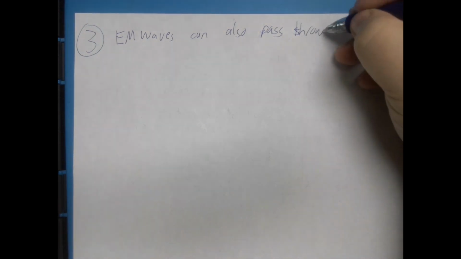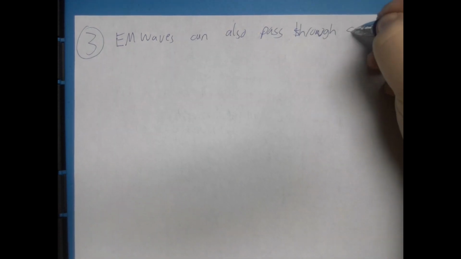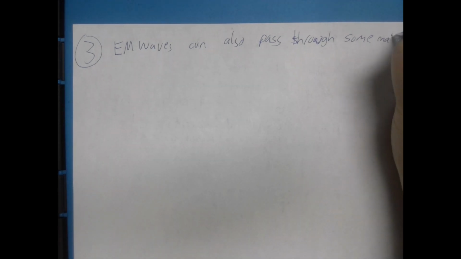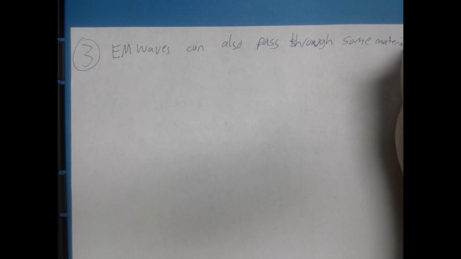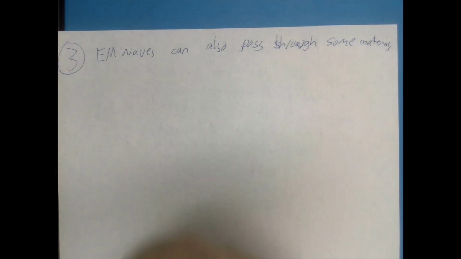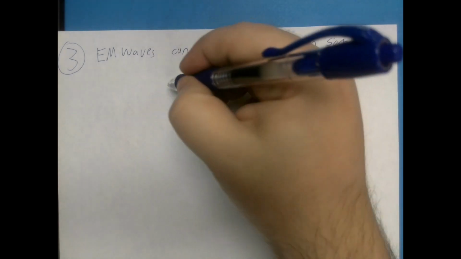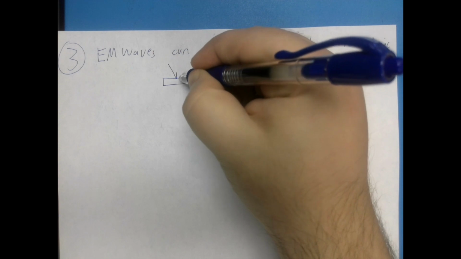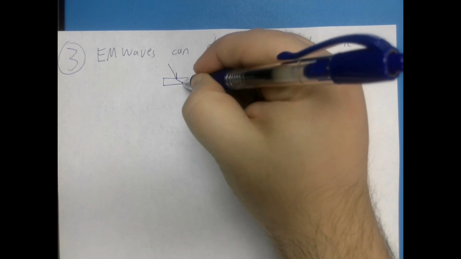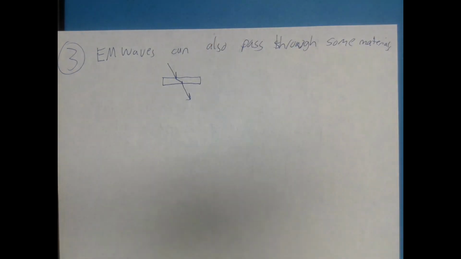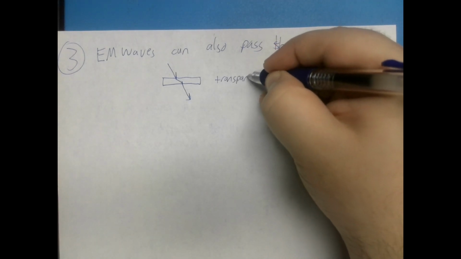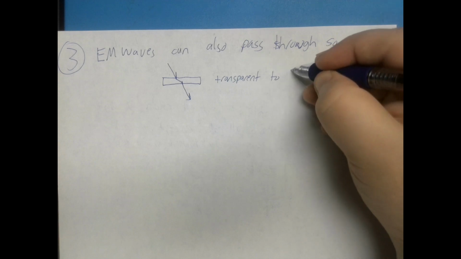What do we call that? Transparency. So they can just go through. You can shine light through it, it'll bend a little bit, and then go through. So this material will be transparent to that light.